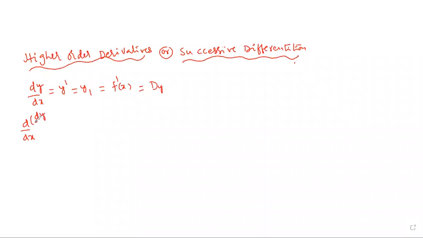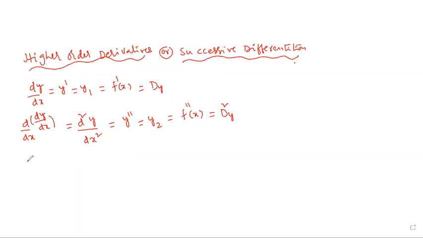First time derivative, again do the derivative, that is called d square y by dx square, 2 times derivative of y with respect to x. That is the second. It is y double dash, or somebody will represent y2, or f double dash of x, or capital D square of y. Okay?